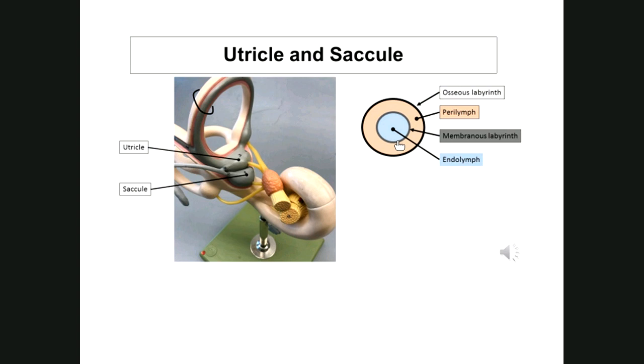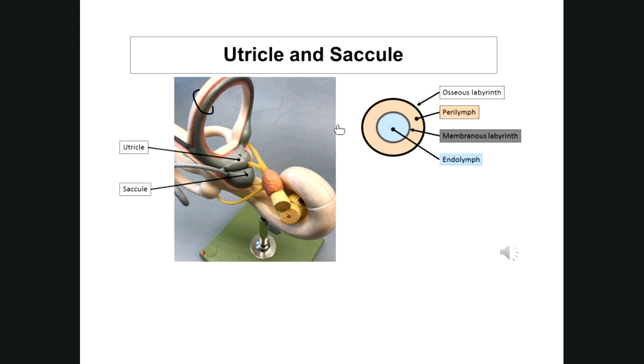Okay, so it says the osseous labyrinth surrounds the entire inner ear. Within the osseous labyrinth is the membranous labyrinth. There it is. Forms an almost identical copy. Between the osseous and membranous labyrinths is a fluid similar to cerebrospinal fluid called perilymph. P-E-R-I-L-Y-M-P-H. It's pink here, and it's also pink on the model. You can see it there. It's between the osseous and the membranous labyrinths.